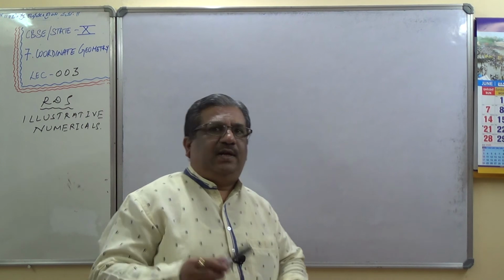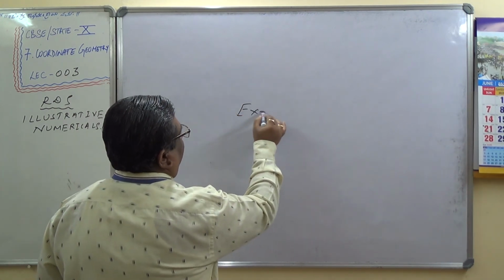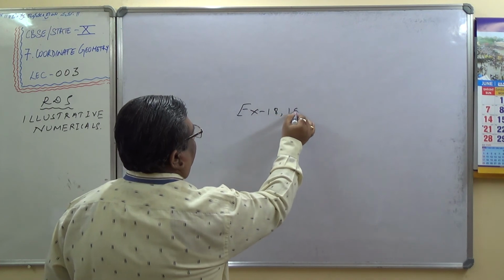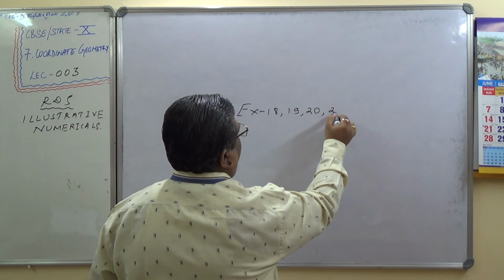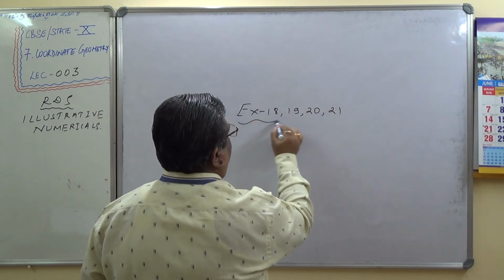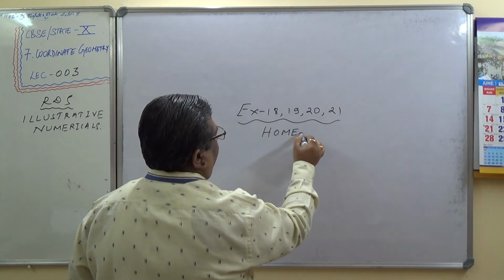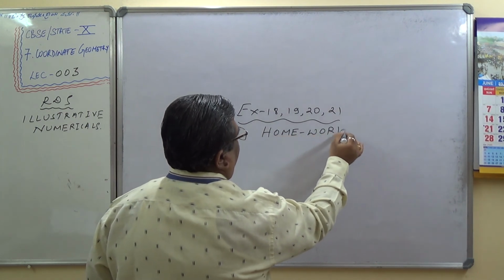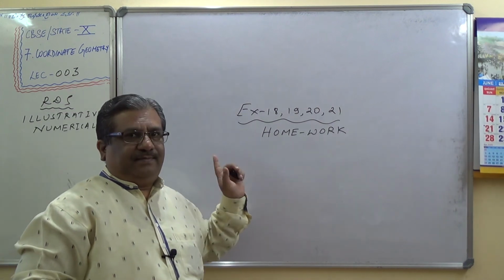Dear students, in RDS, examples 18, 19, 20, 21 are homework. Almost all these are already covered.